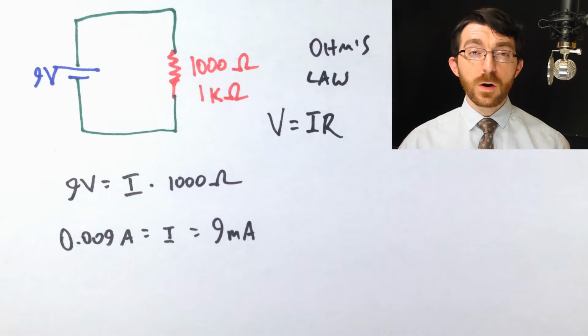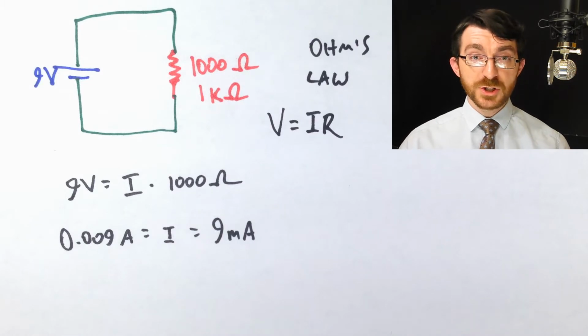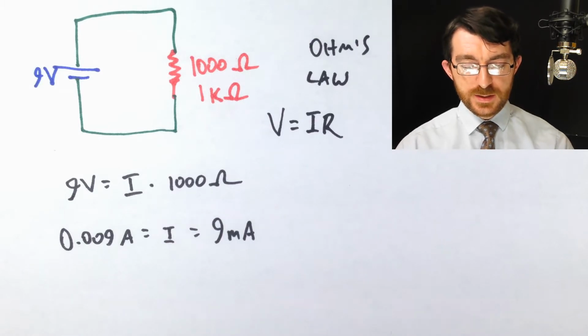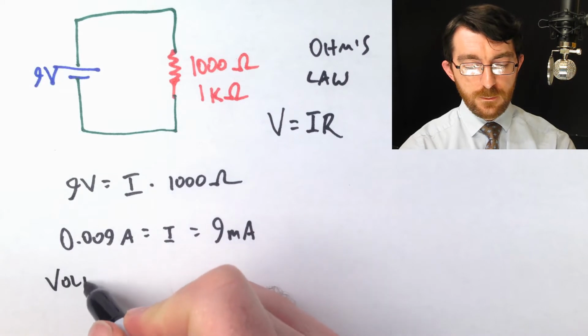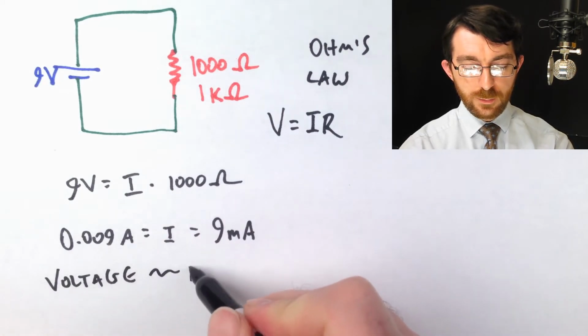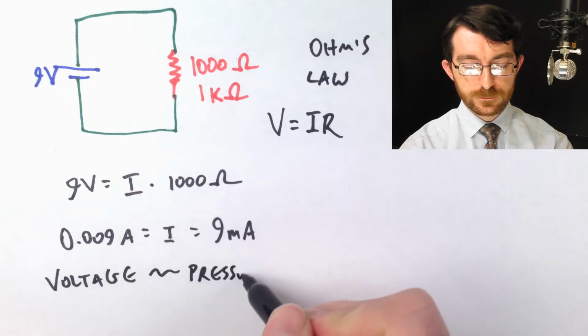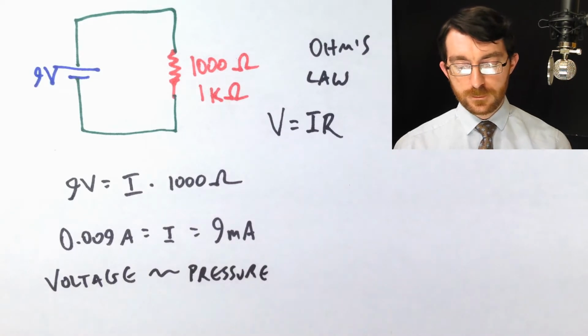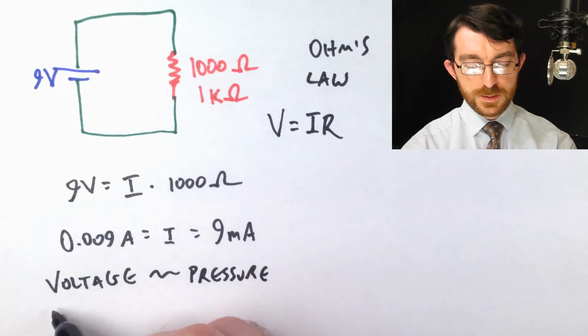Well, water pressure is like the urgency with which the water is flowing. So voltage and pressure are analogous. So let's see. If voltage is kind of like pressure, then what would current be?